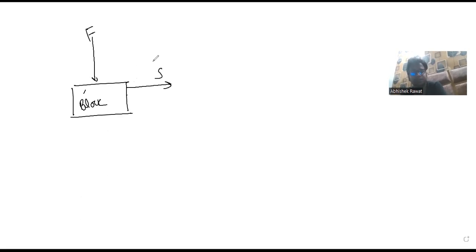Now take another example. Suppose this is the block, and I'm applying force like this, and the displacement is in this direction. In this case, what will be the work done?